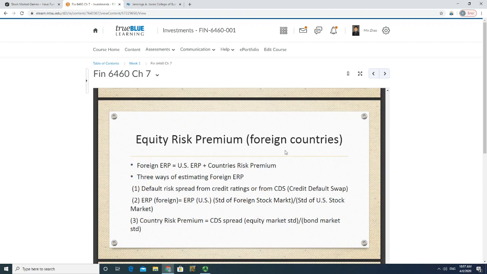And when the market is slowing down or sliding into recession, and the financial market gets into a chaotic situation, then the equity risk premium could be higher because on the one hand, investor risk aversion will increase, which means investors require higher return for taking a certain amount of risk. And second, economic growth could be lower, so the equity risk premium can be adjusted upward. That's the first tool of estimating equity risk premium.